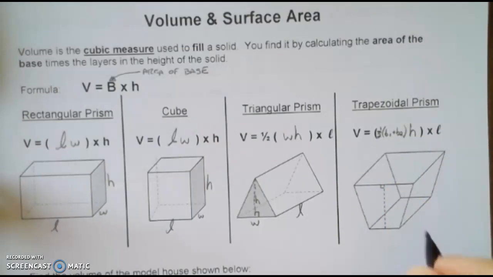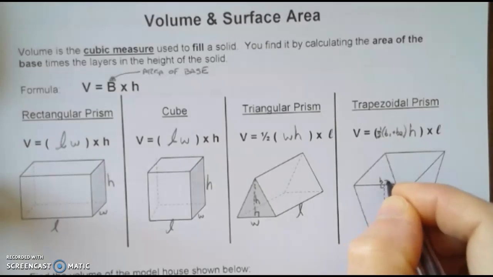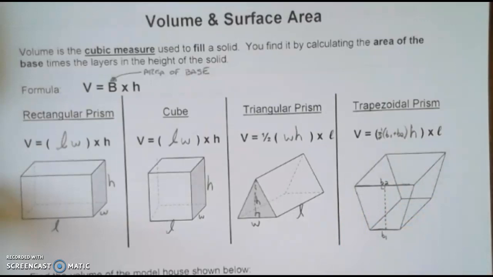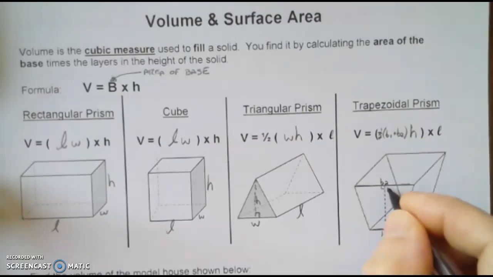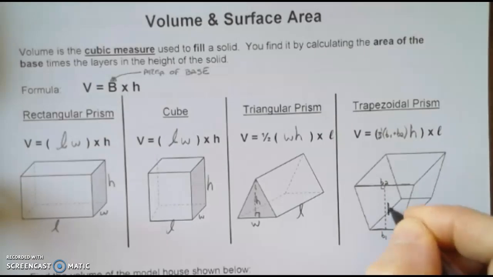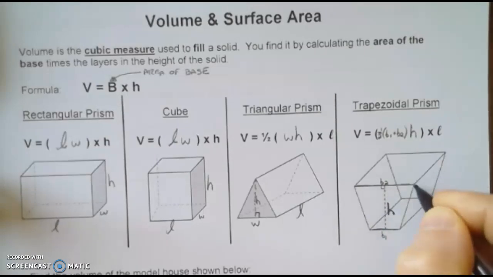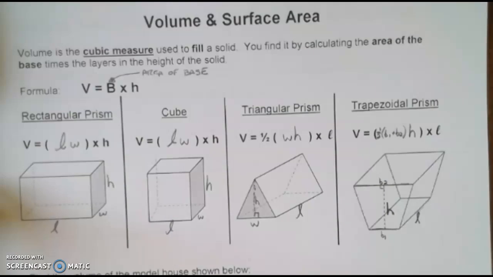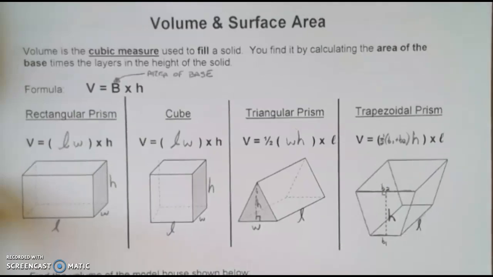Base 1 and base 2 are these segments here, because they're parallel to each other. The height is this segment right here that's perpendicular to both of the bases. And then the length again connects the two trapezoids together, this segment here.